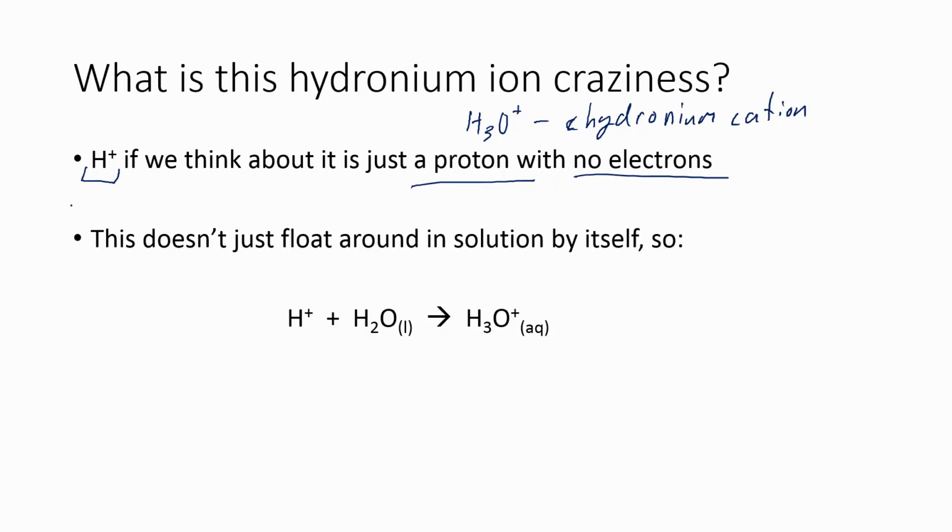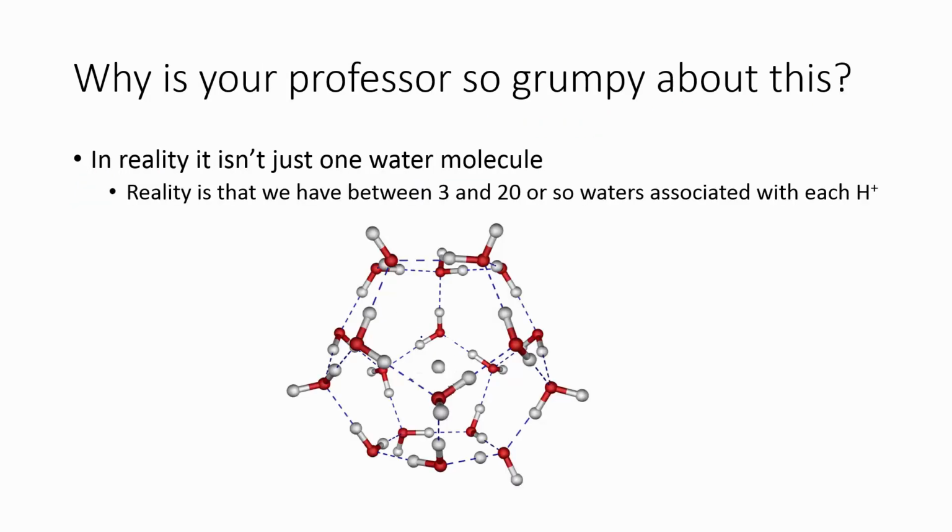So how can we refer to this as this individual atom with its own properties, when in reality it's just a proton with no electrons? That's a pretty unstable situation. So in reality they say, okay, it must bind with water, which it does, and form H3O plus, which it doesn't. So this is not something I really care for, but we have to deal with it because it's in this book. So what is it that bothers me about it?